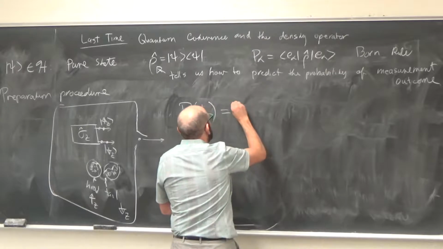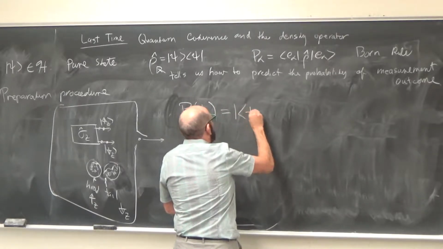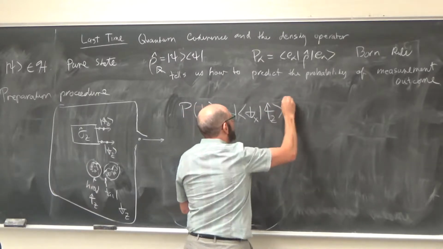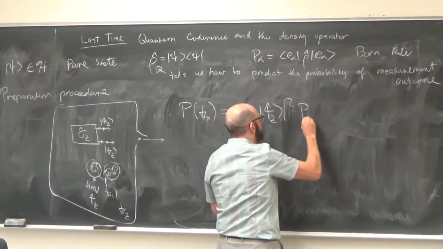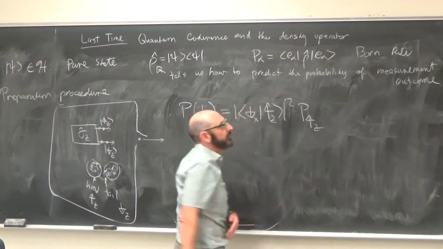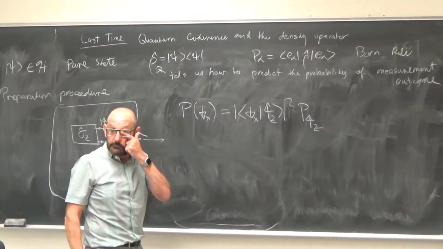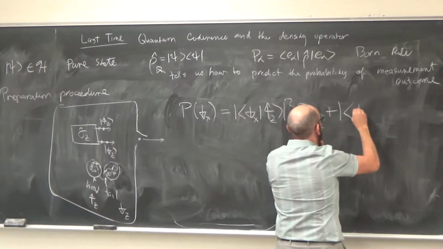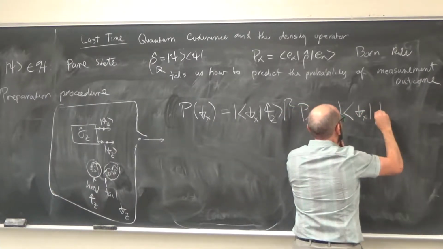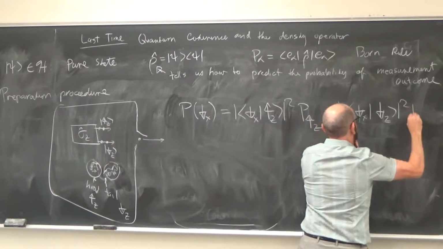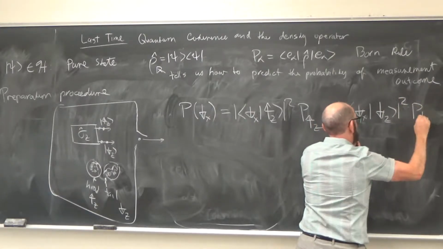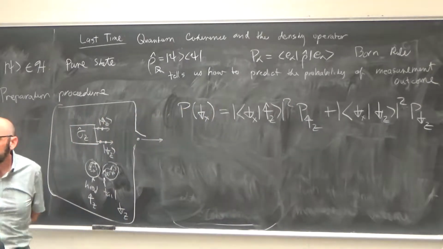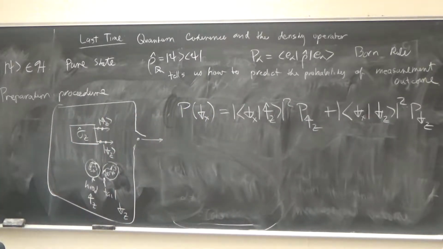I can use this form of the Born rule, and there's some probability, depending on the coin, that she did that, right? Or maybe it came out tails, and if it came out tails, then I would assign this. And that's how I would do it. That's how I would assign the probability to this.